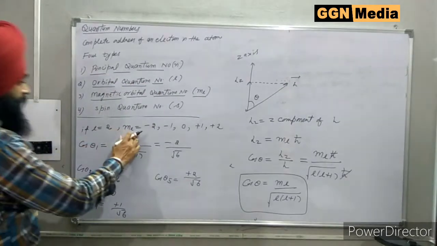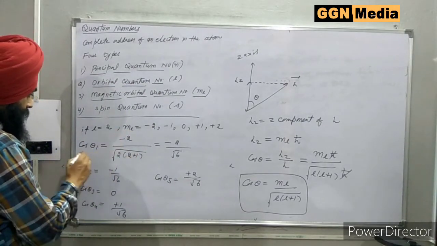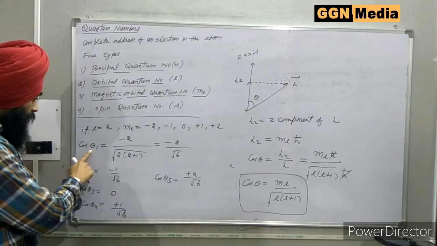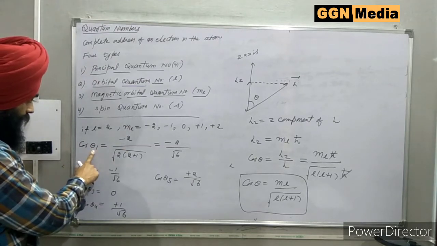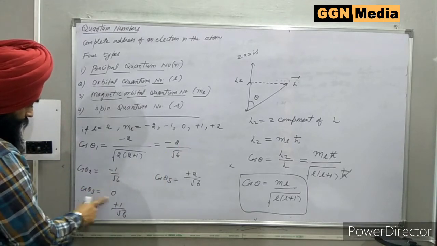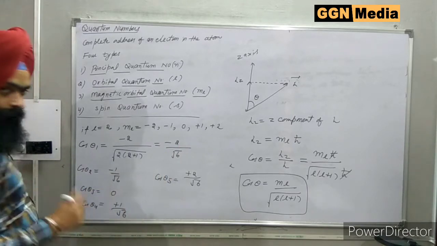So the value of ml gives the orientation of L in space. We have five orientations whose angles can be found from here.